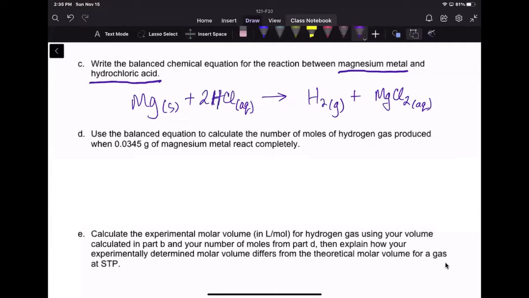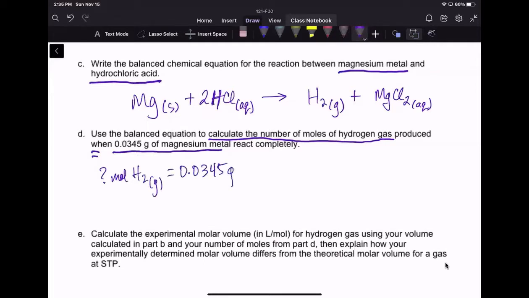We'll fix that up. Okay, now we want to calculate the number of moles of hydrogen gas produced when this much magnesium reacts. So how many moles of H2 gas are produced when that magnesium reacts completely? So we'll need to cancel out grams of magnesium. And what are we looking for? Well, we will need to use a mole-mole relationship.